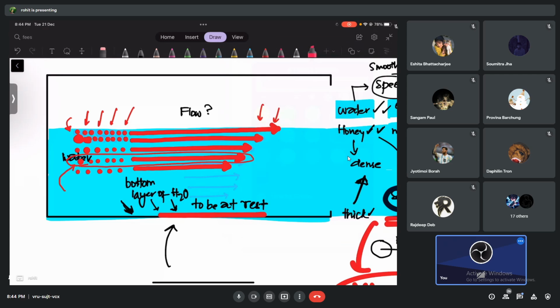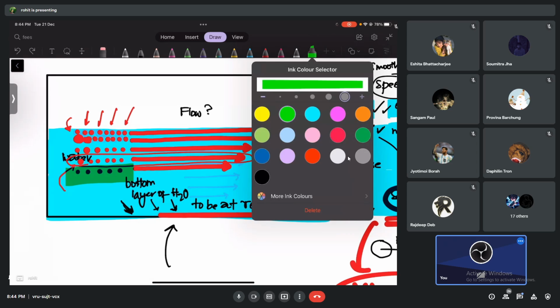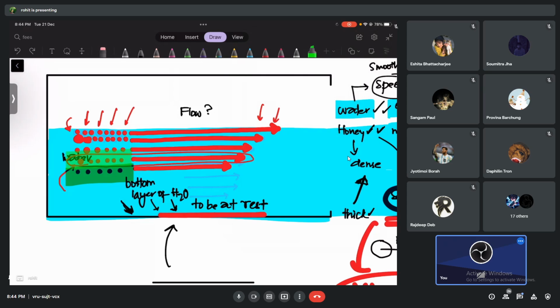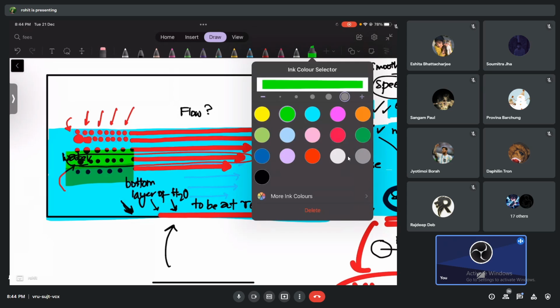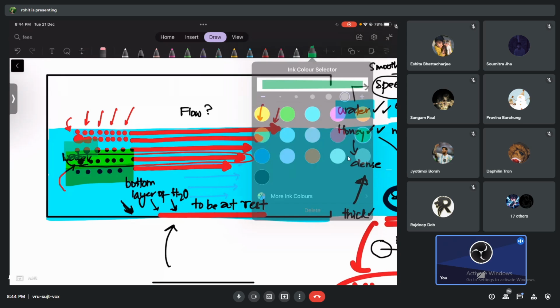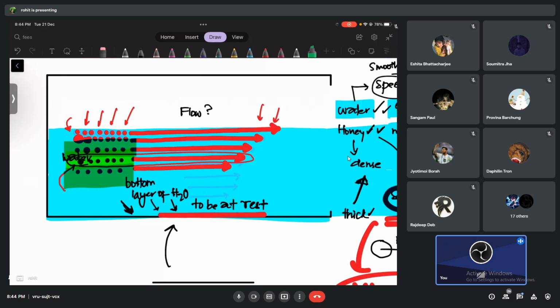I'm talking about this middle layer. It is moving in between another two layers, this layer and this layer. But the topmost one is not between two layers. It is just above one particular layer.